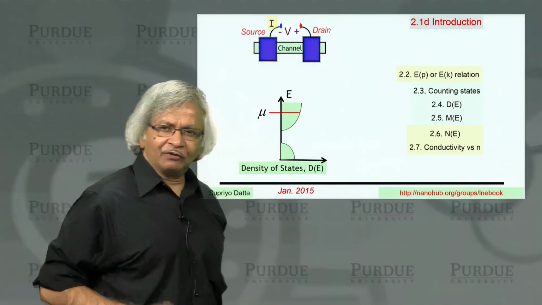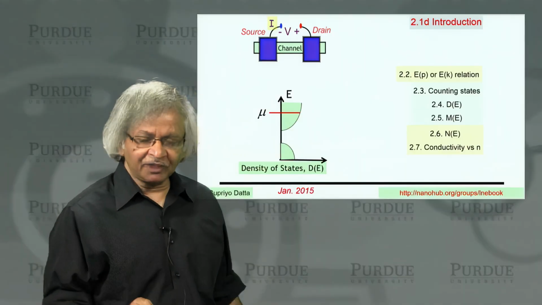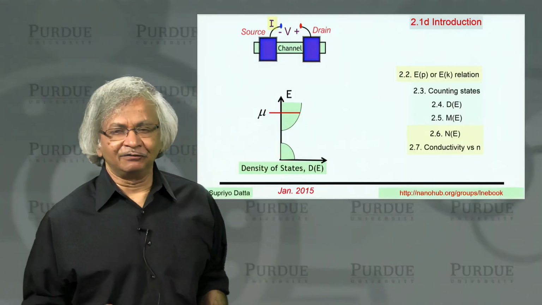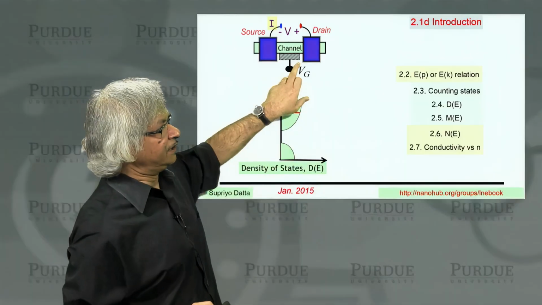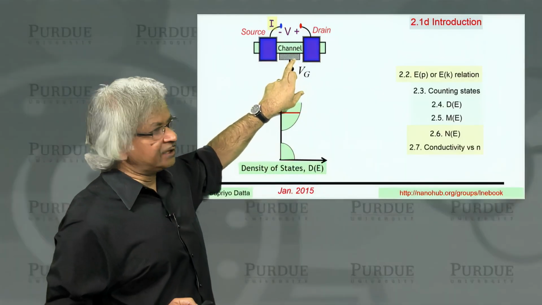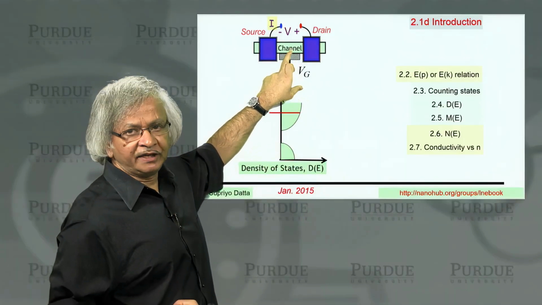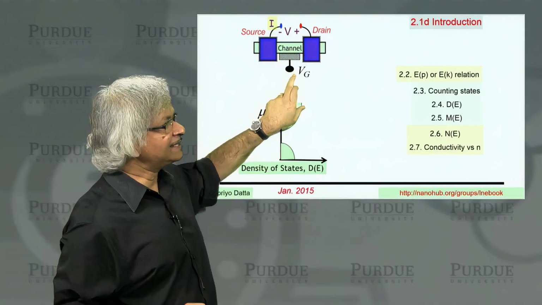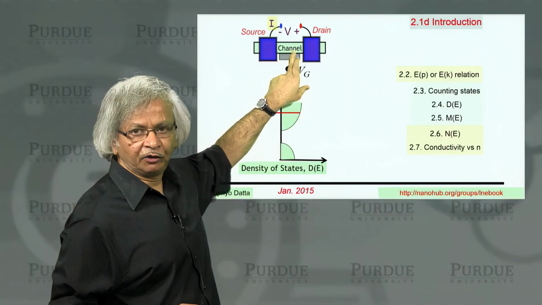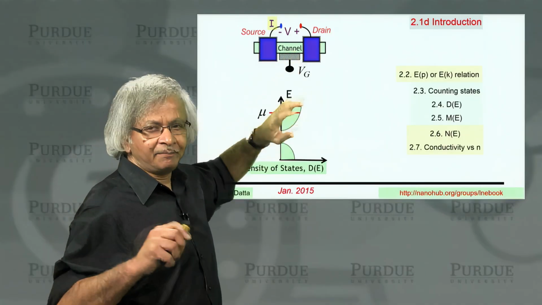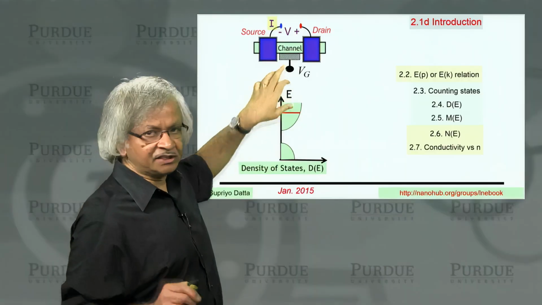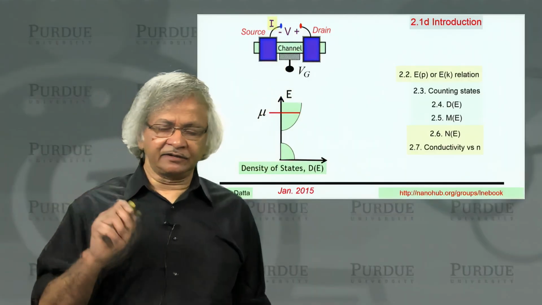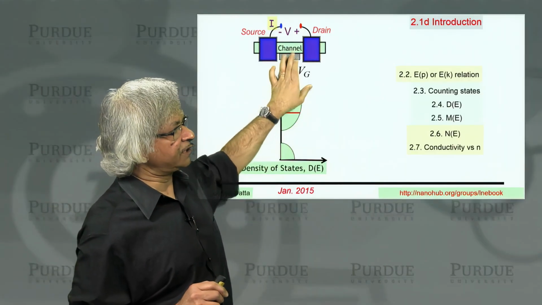But I've oversimplified, because a very significant thing I've left out is a third terminal here. Now, this terminal actually is insulated from the channel. So in that sense, ideally, no current should be flowing. Of course, in practice, there are some leakage currents, but in an ideal transistor, there's no current flowing in this direction.